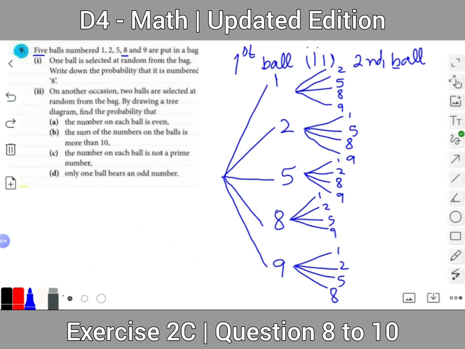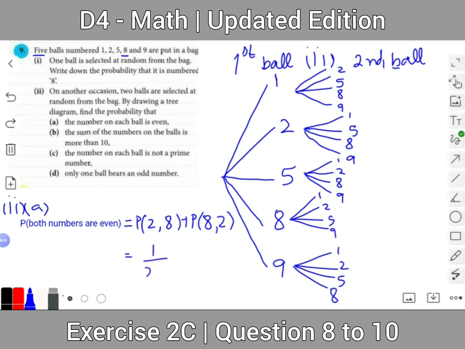Now in part A we have to find the probability that both numbers are even. So for this we have the probability of the ordered pair 2 and 8 plus the probability of the ordered pair 8 and 2. The probability for 2 and 8 will be 1 over 20.